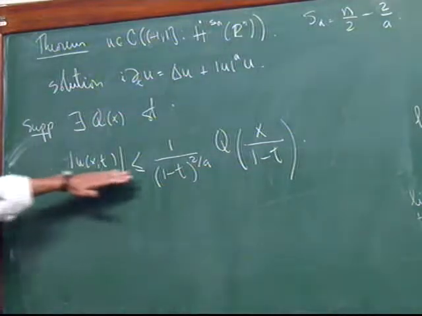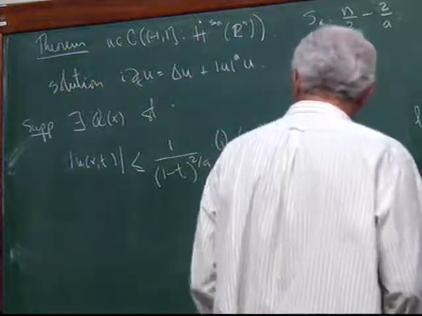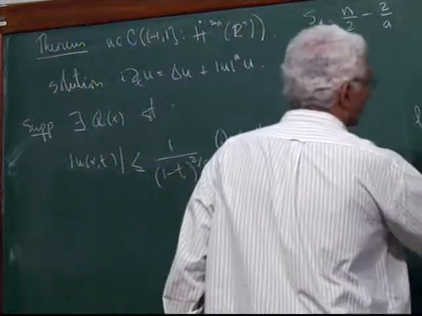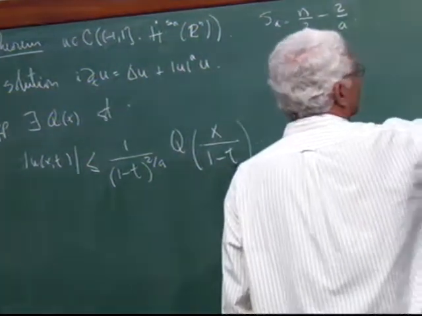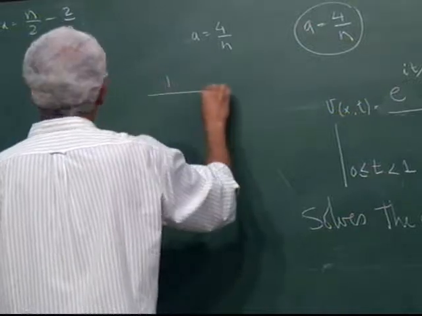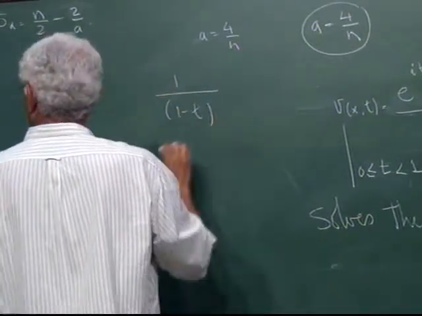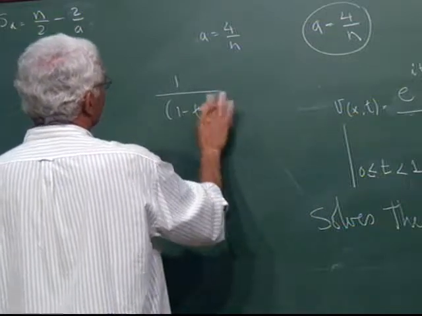What are you saying, that you have this? Let's see that this is not so crazy. In our case, what is the point? In our case, a is equal to 4 over n. Therefore, this quantity that you have here, 2 over a, is n over 2.